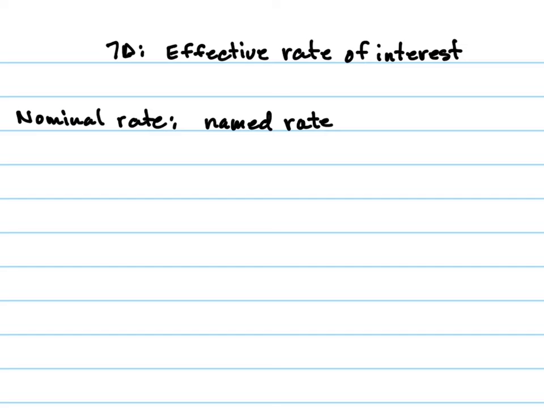But because they compound monthly, that's not the true rate that you would be paying, because the effective rate takes into consideration the interest that you already have either earned or been charged. Okay?